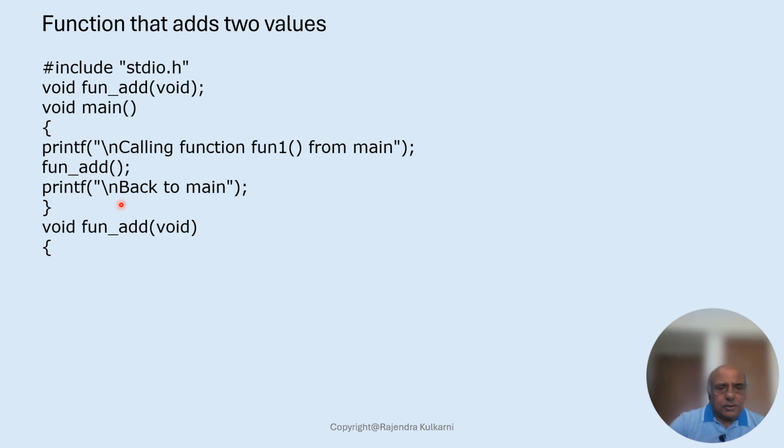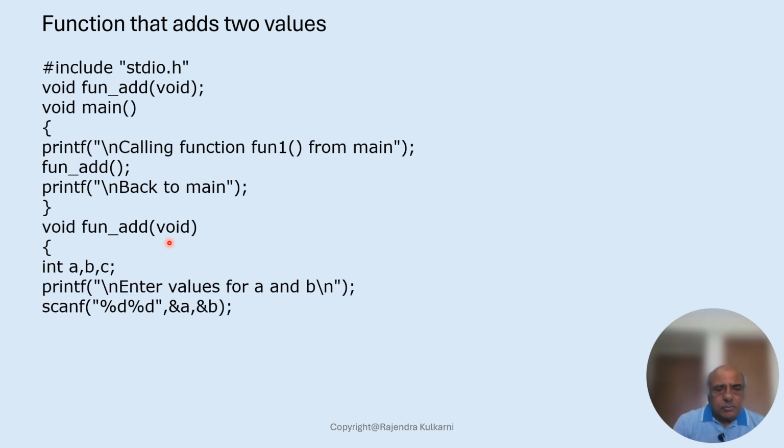Function definition: void fun_add, with void in the parenthesis. So this function also returns nothing, and nothing is being passed to this function. But what it does is, we write code here for adding values of two variables which are to be supplied from the keyboard by the user.